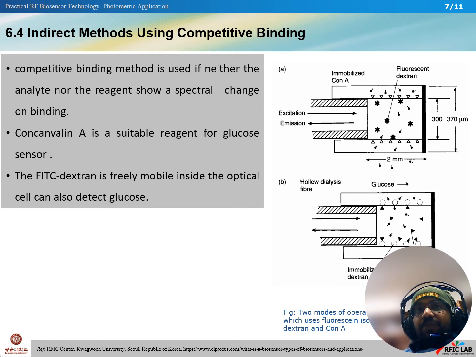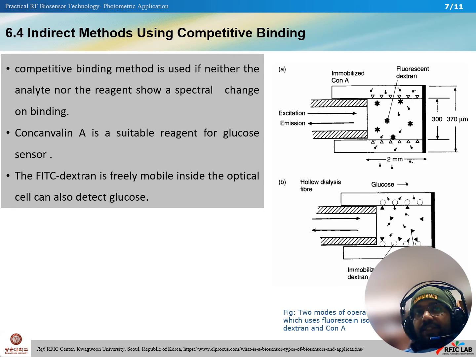Now the indirect method using competitive binding. The competitive binding method is used if neither the analyte nor the reagent show a spectral change on binding. So for that, concanavalin A is a suitable reagent for glucose sensing.